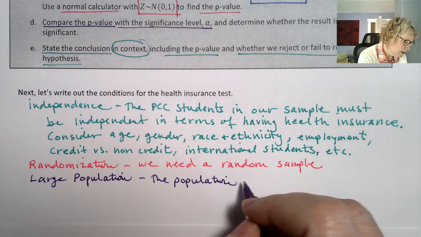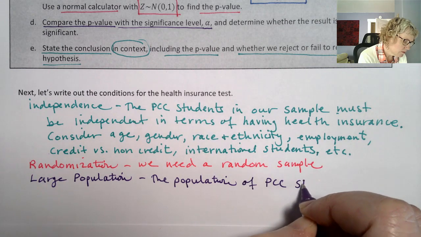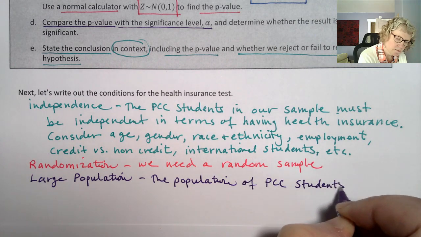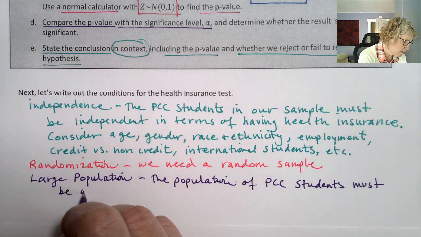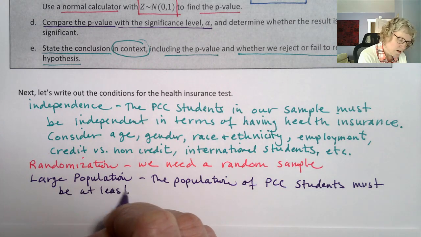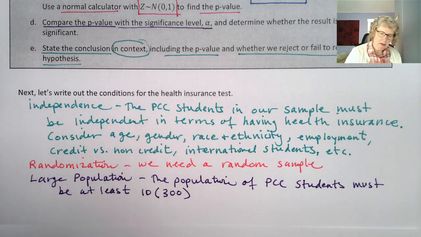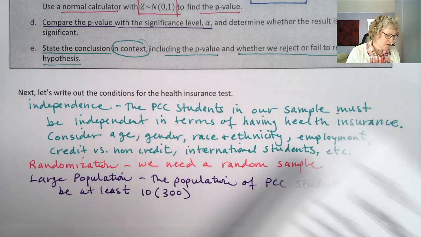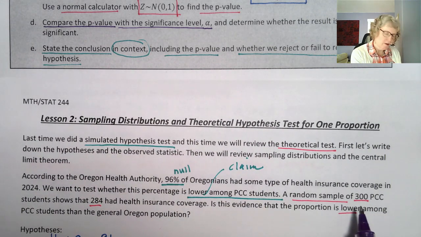So the population, that's where we're drawing our sample from, of PCC students must be at least 10 times our sample size, which is a random sample of 300.